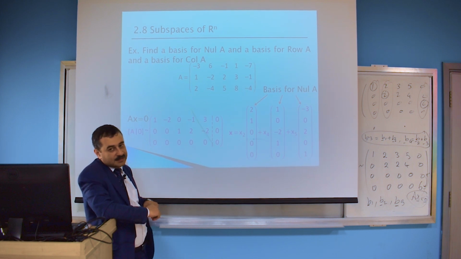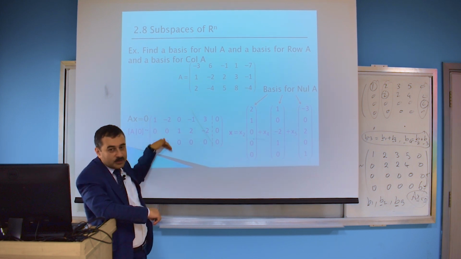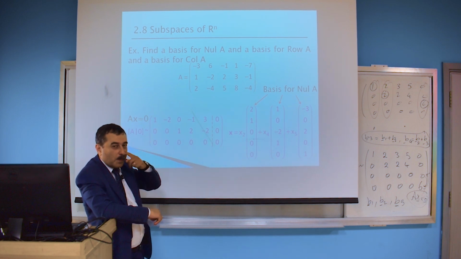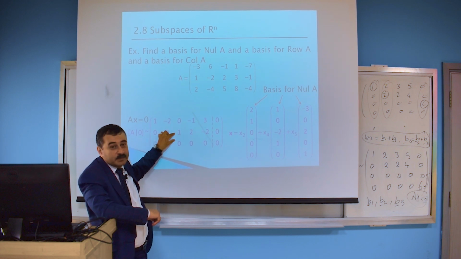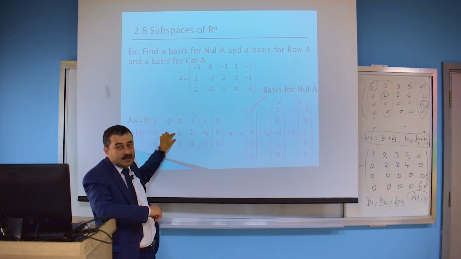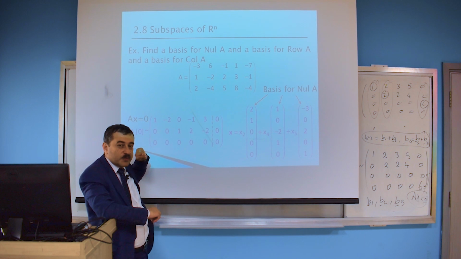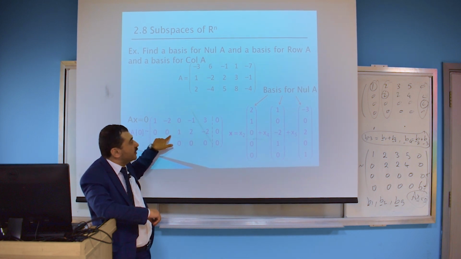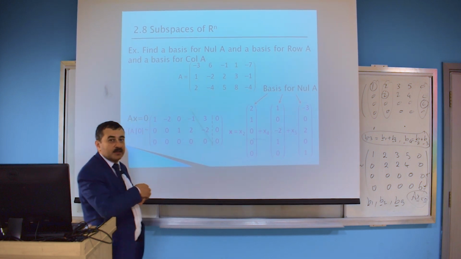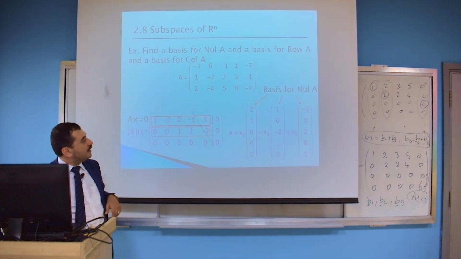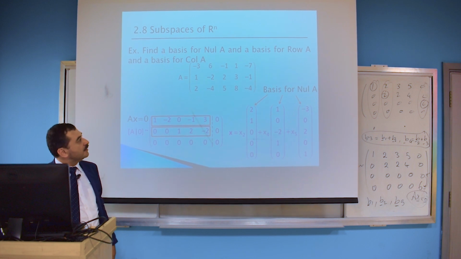No. The reduction here was done on the rows. Actually, I can take these guys as basis for the row space because these guys were obtained from Gauss, which are linear combinations of the rows. So you take these guys as basis for the row space, but these guys as basis for column space.